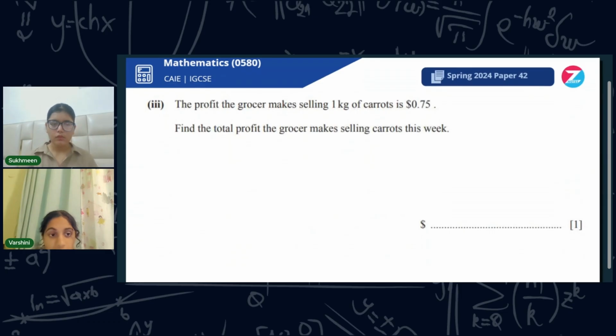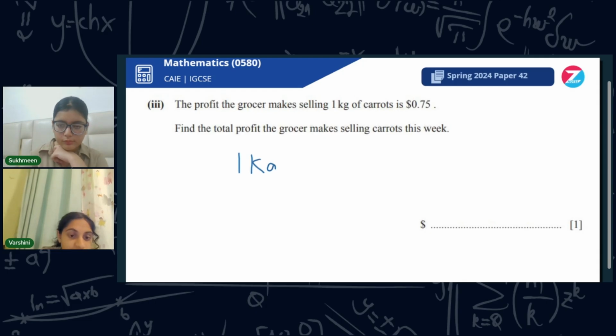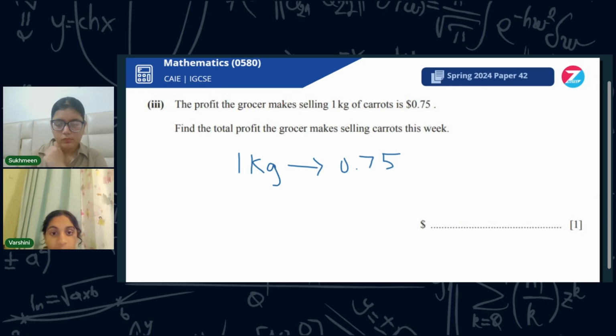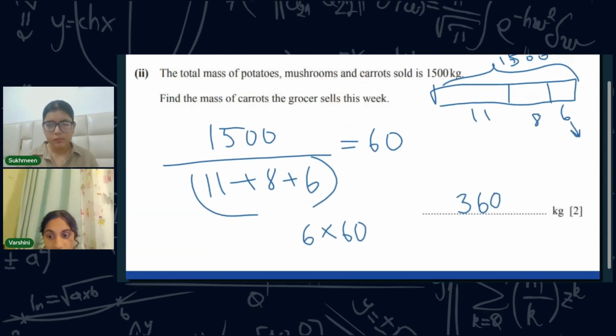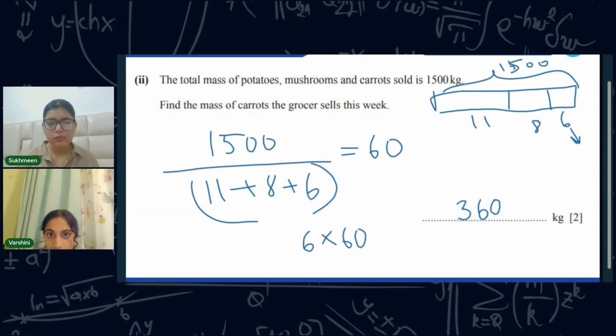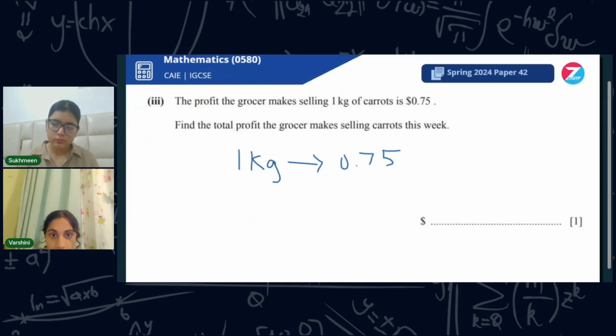Okay. The profit the grocer makes selling 1 kg of carrots is $0.75. Find the total profit the grocer makes selling carrots this week. We know 1 kg of carrots gives 0.75, and we calculated in the previous question that it's 360 kgs of carrots.